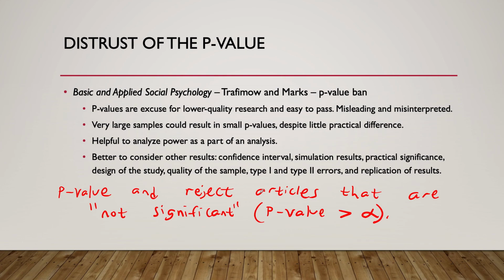But also, despite the fact that it's not significant, it could still give valuable results, and it should not be rejected just because it's not significant. Again, this is why there's a distrust of the p-value, because some places just outright ban it, and some use it as an arbitrary reason to deny an article and not even publish it.